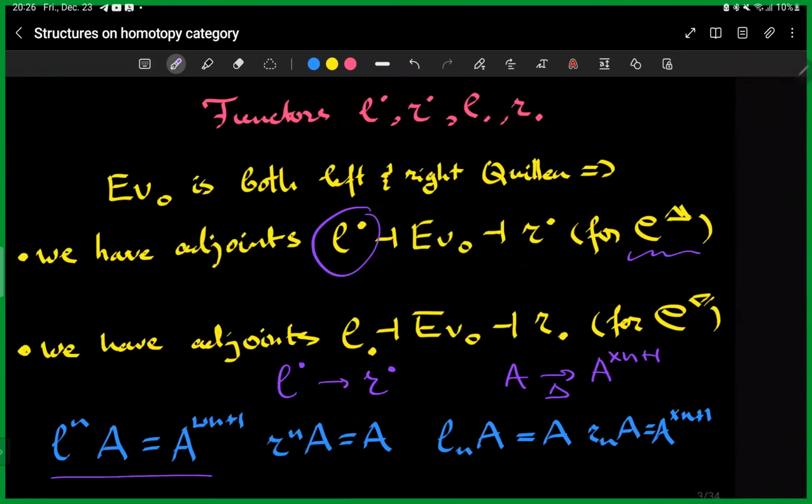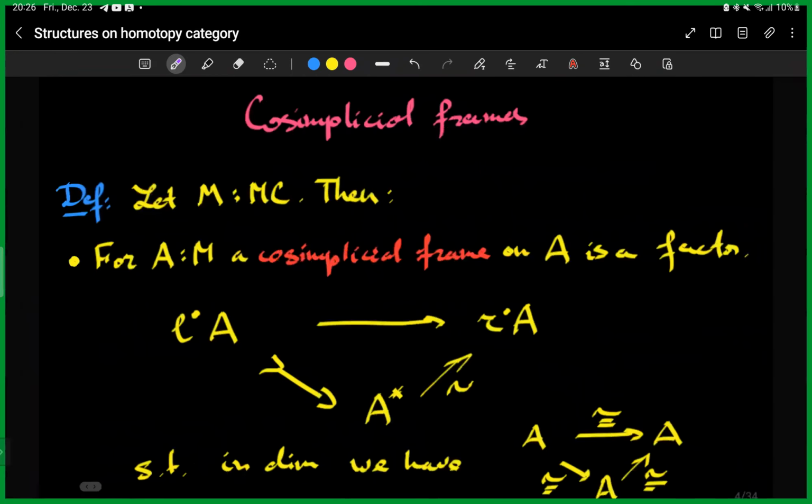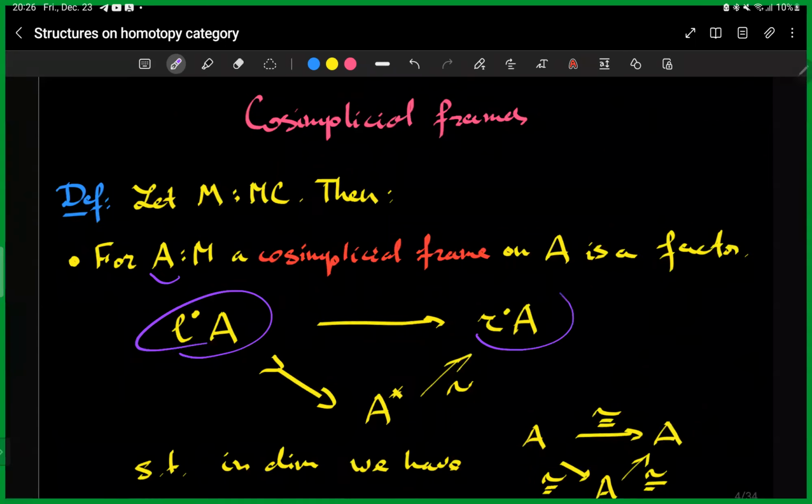Okay, so we have these 4 functors, and this allows us to define the notion of a cosimplicial frame for an object in a model category. So assume that we have an object A. Then we want to, in a sense, define a resolution of this object, a cosimplicial resolution, and it works like this. We take LA, we take RA, we have this canonical map, and we factorize it into a cofibration followed by a weak equivalence.